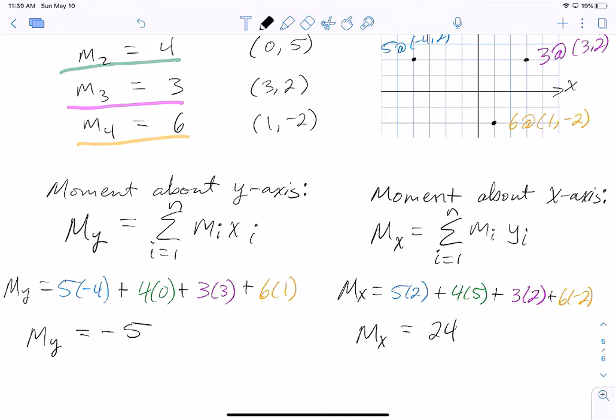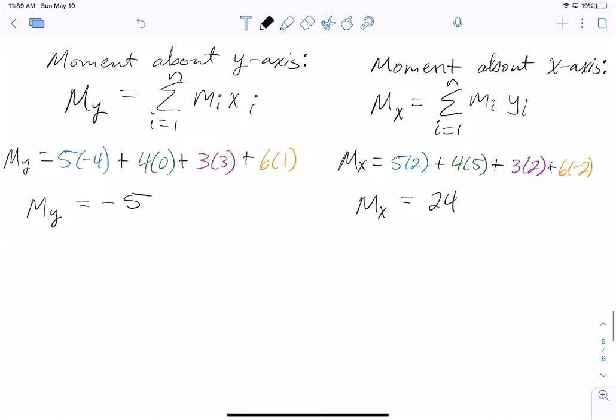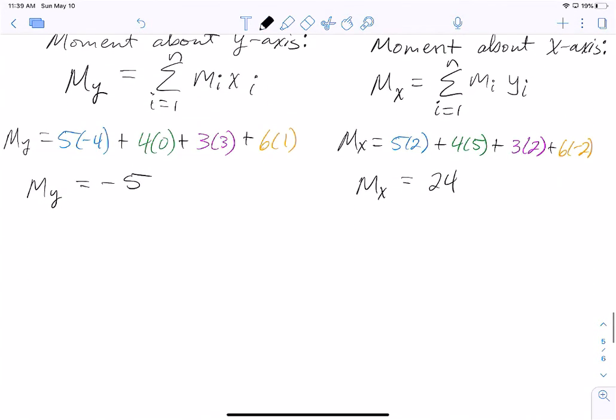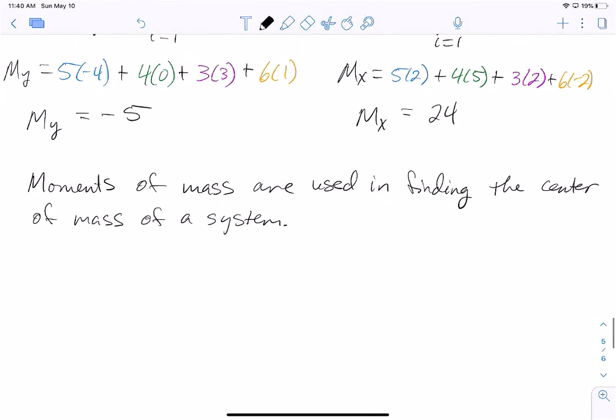These are the moments about the y-axis and the x-axis. In and of themselves, they tell us a little bit of information, but they can be used to find the center of mass of a system. x bar is equal to m sub y over m, and that x bar is read that way out loud.